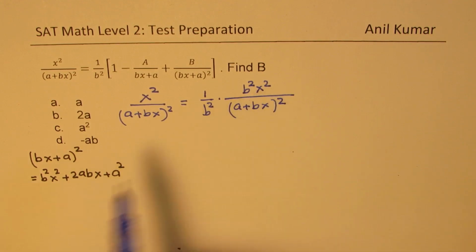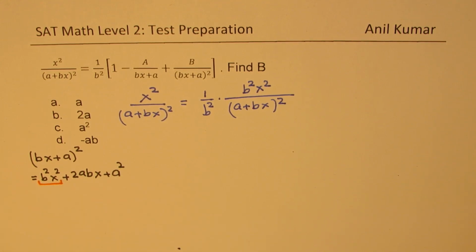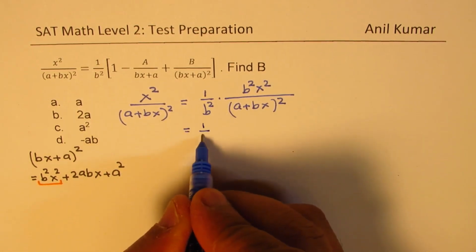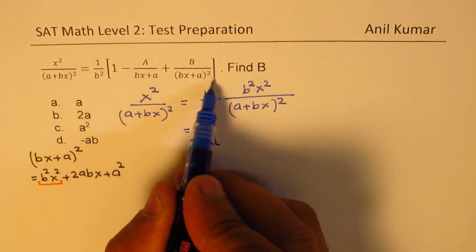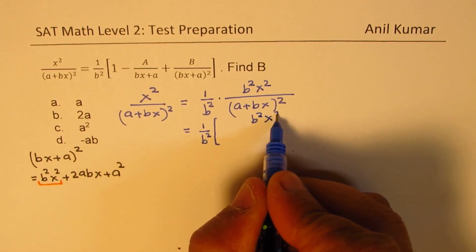Now the idea is we already have the term b squared x squared. We want the rest. So we'll just keep this 1 over b squared outside, with a square bracket. So we come up to this stage. We have here b squared x squared.